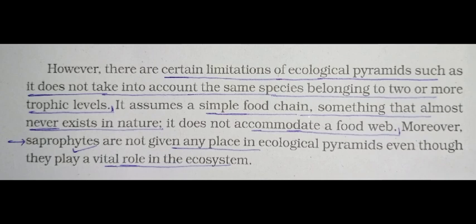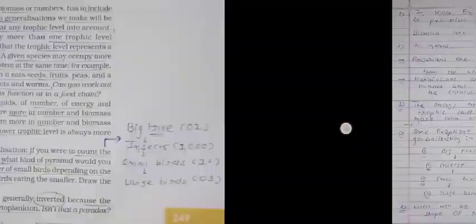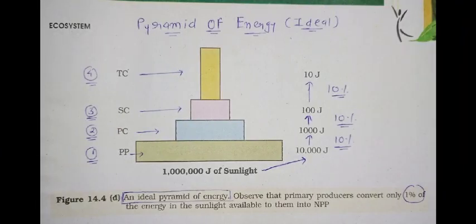It does not form a proper food web. Moreover, the important thing is that saprophytes, means decomposers, are not given any place in ecological pyramids, even though they play a vital significant role in the ecosystem. So the question of ecological pyramid is completed.